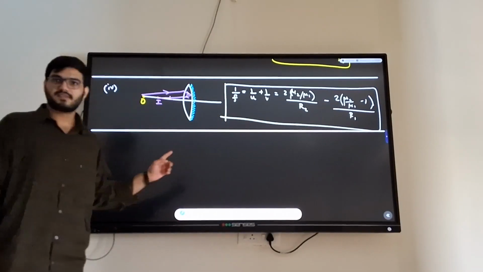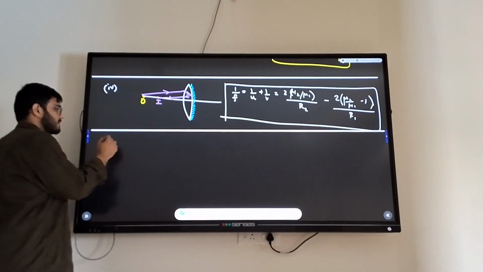The procedure is this. This is called the displacement method.